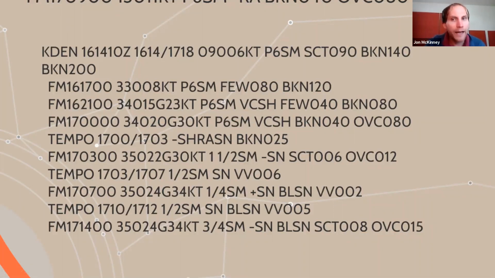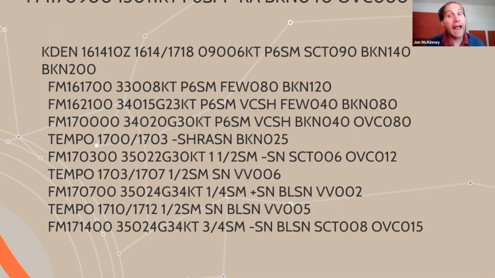What's ironic about this example is that the FM 0 Zulu on the 17th until the next FM at 03 on the 17th is the exact same time period as this temporary block. So the idea is that when it says temporarily, that means less than 50% of the time.